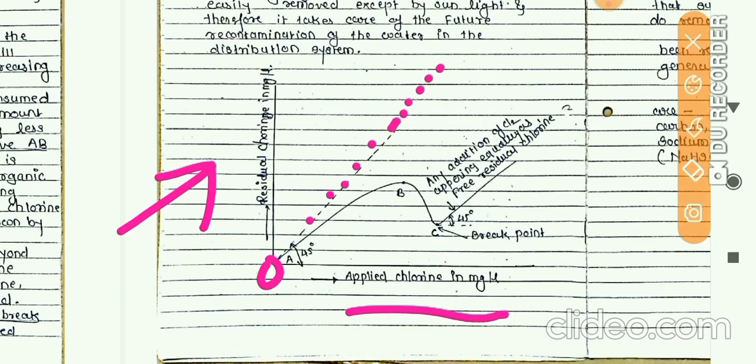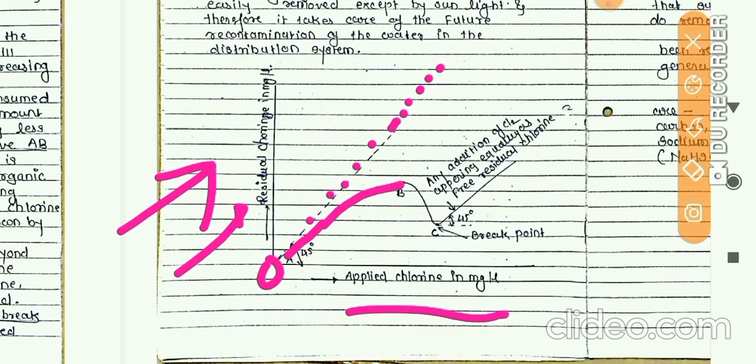But the chlorine will start killing the bacteria, so the amount of chlorine in the water will reduce. So we can see the A to B graph is not a straight line, it is somewhat inclined in the downward direction. A to B shows that some chlorine is consumed in killing the bacteria, and whatever chlorine remains in the water is the residual chlorine.